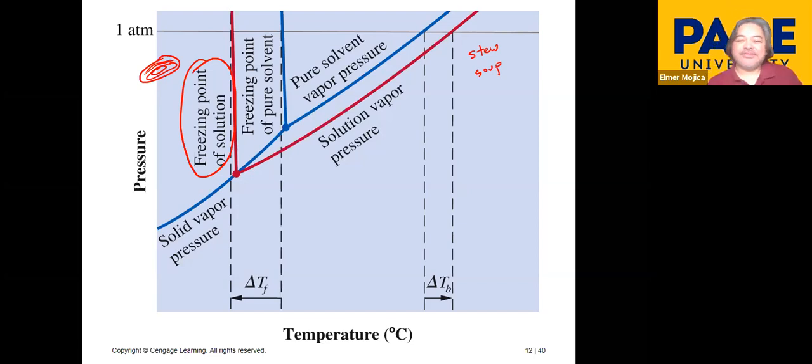Here's what happened. You add some salt there, so that means the solution needs to achieve a much higher temperature for it to start to boil again. So the boiling point was elevated. And if you add more salt again, it starts to boil and then it achieves boiling at a higher temperature.